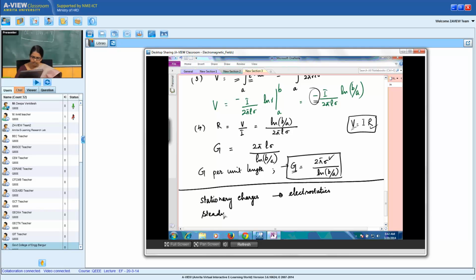If I have steady current, I get the concepts of magnetostatics, where we define H, B, and so on. Electrostatics gave us Gauss law. Magnetostatics gave us Amperes law.